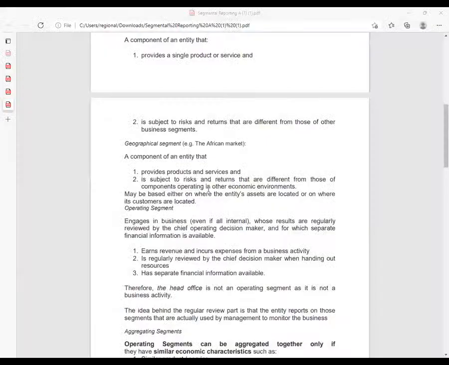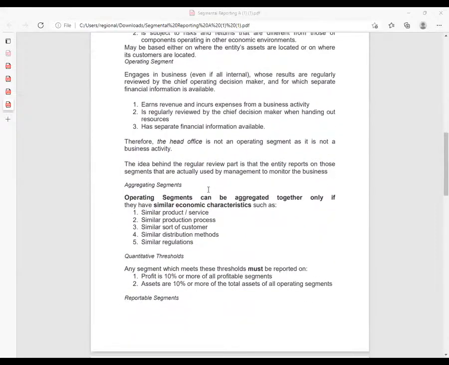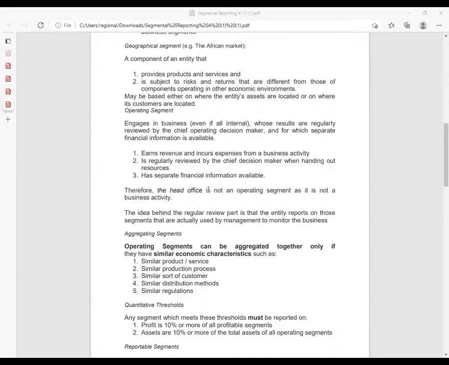Great. Now, ladies and gentlemen, when we talk of this concept of an operating segment, operating from the word operations, it engages in business, even if all are internal, whose results are regularly reviewed by the chief operating decision maker, like the CEO or the board of directors, and for which separate financial information is available.